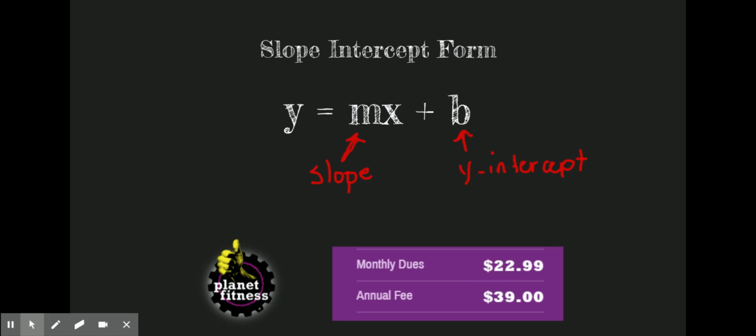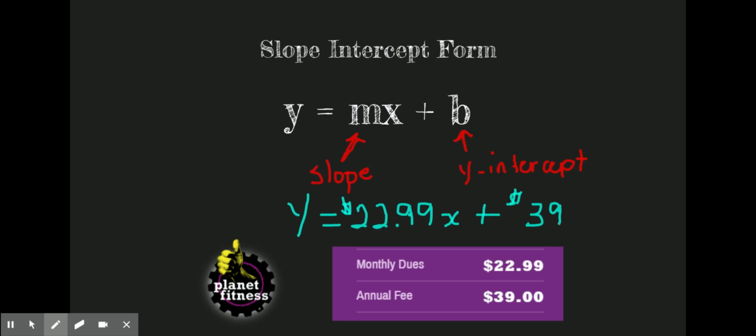So if I'm dealing with my total cost, and that's what I want to try to find here, my total cost that I've spent on this gym membership will be the $22.99 per month that I keep this membership going. But I also have to pay this initial annual fee of $39.